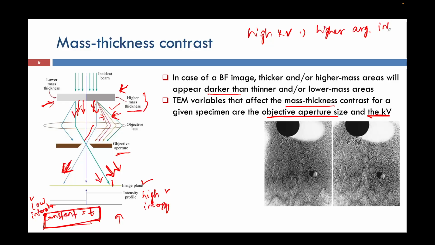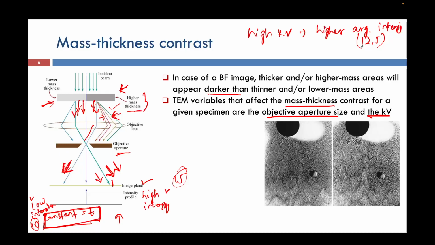Say on this side I am collecting 15 electron beams and on this side 10. The average is 10 plus 15 divided by 2, 12.5. I am giving some random numerical values, okay? So higher kV means that.